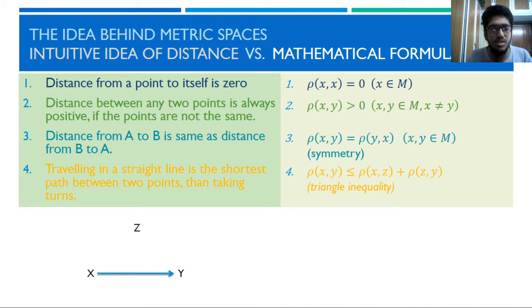Suppose there are 3 points x, y, and z. And obviously distance, as I already told you, is about straight line distance between 2 points. Going from x to y, we already noticed that there is one way of walking straight. And imagine someone was very curious to know what is happening in z.